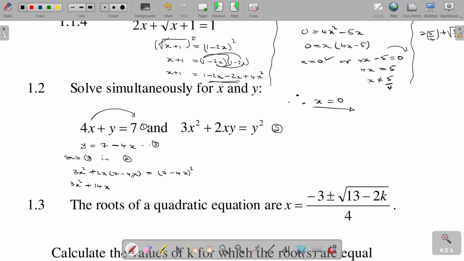Then 2x times minus 4x is minus 8x squared equal to, here expanding 7 minus 4x times 7 minus 4x.